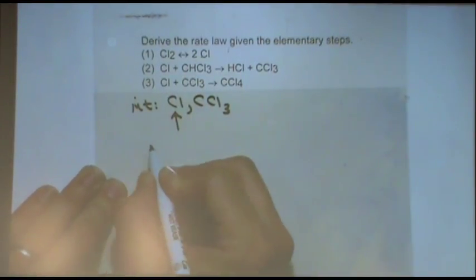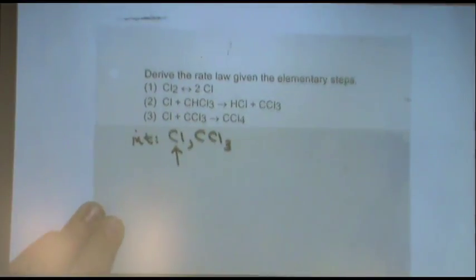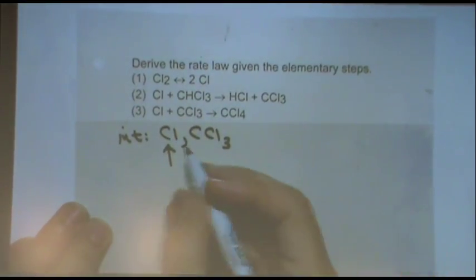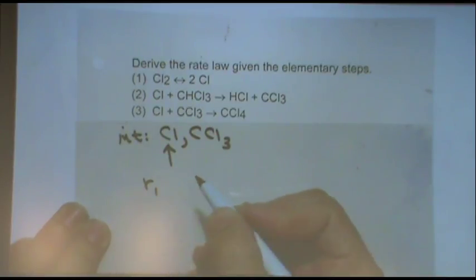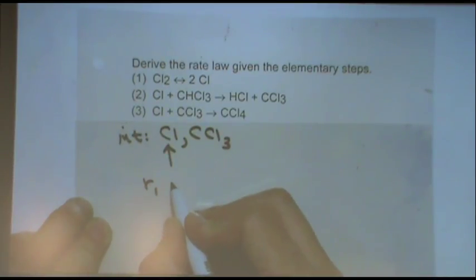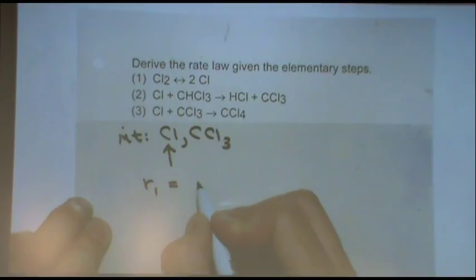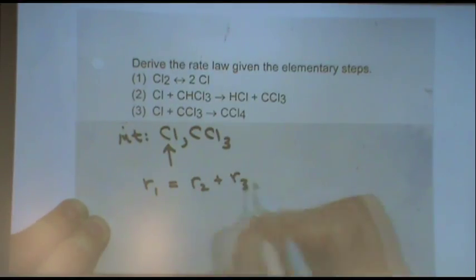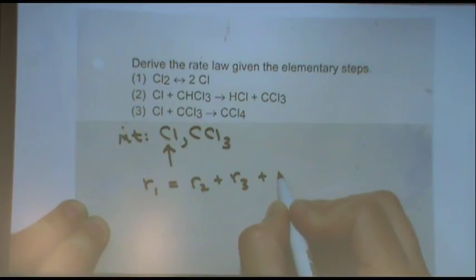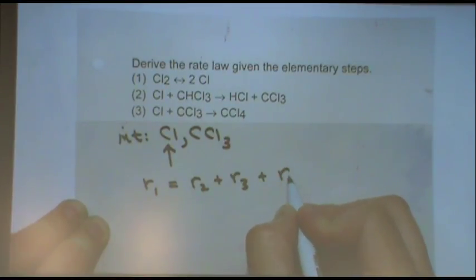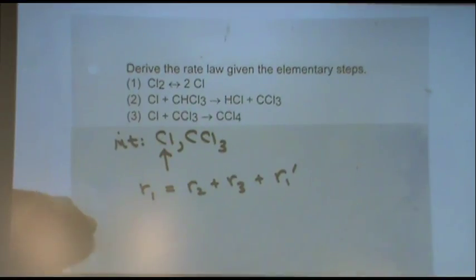All right. Where is that produced? Reaction 1. Produced anywhere else? I don't think so. Okay. Where is it a reactant? Reaction 2, reaction 3, and the reverse reaction of 1.